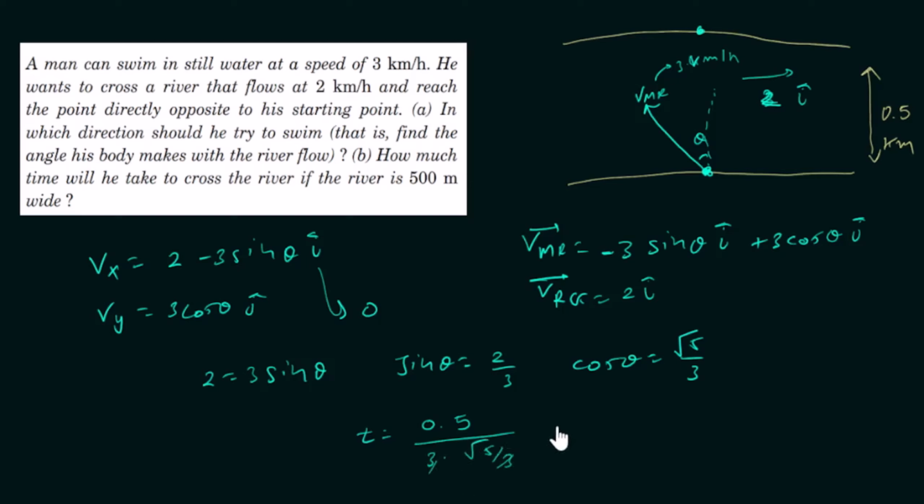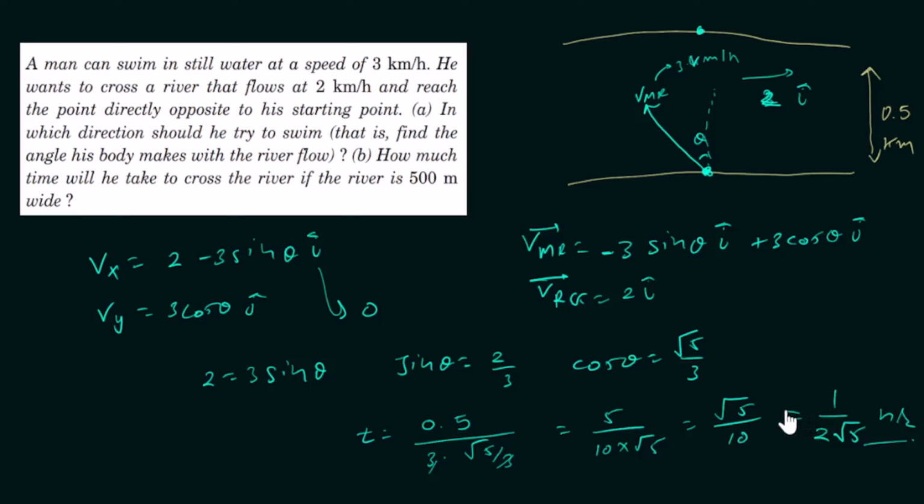The 3 and 3 cancel, so this is 0.5 by root 5, which is root 5 on 10, or also 1 by 2 root 5 hour. This much time the person will take to reach the opposite point.